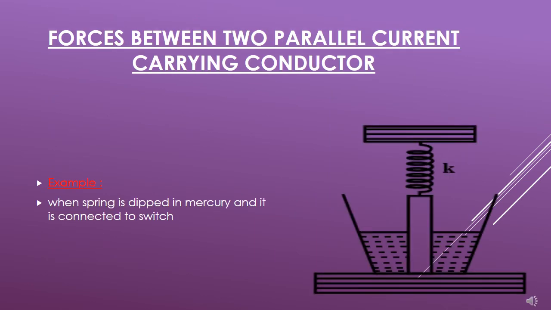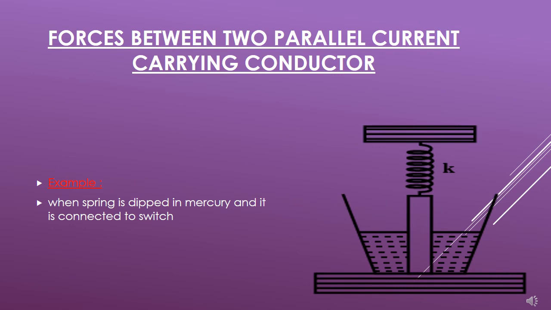Just like we have taken an example of a spring dipped in mercury, completing the circuit and switching it on. The moment the switch is on, all these parallel conductors carrying current in the same direction get attracted and the spring gets shortened, because there is a force of attraction, and the spring goes up, it shrinks.